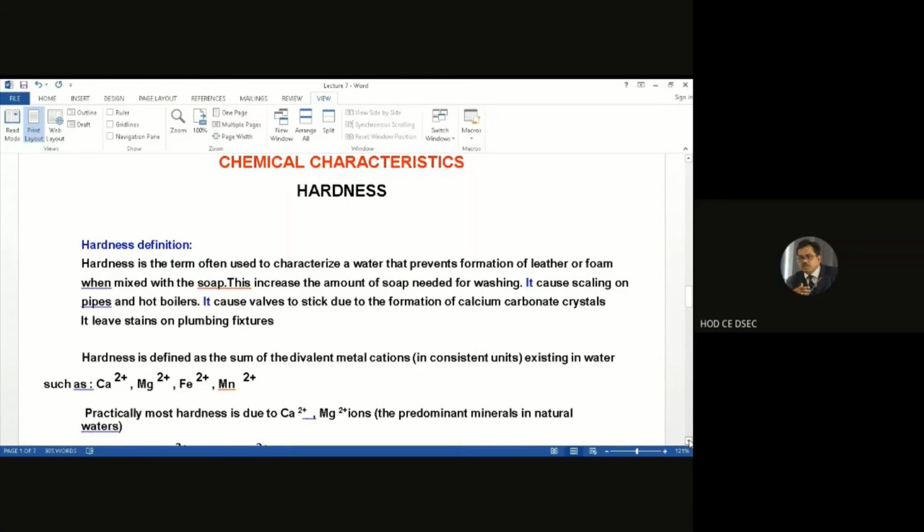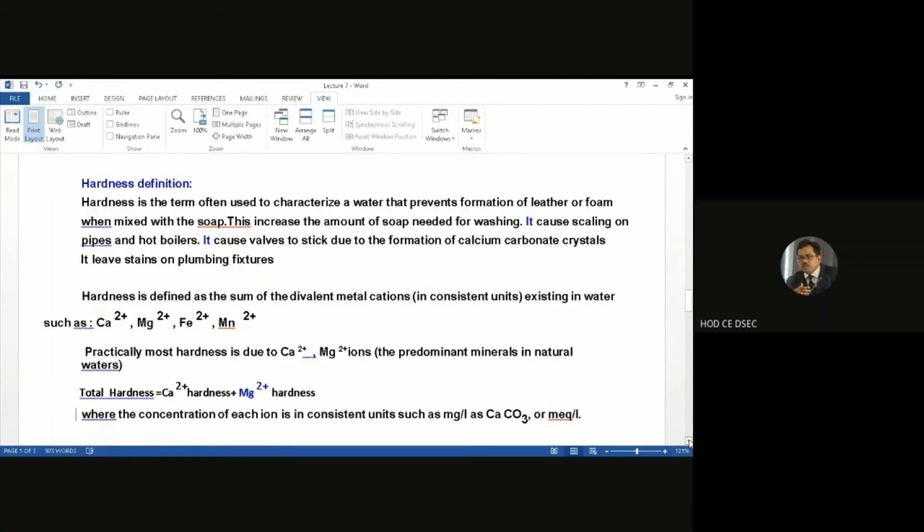Now coming to the chemical characteristics, first I will discuss hardness, because in your exam this is very important. Among the chemical characteristics, this is one of the most important, because most questions, not only short questions, short notes, and MCQs, come from hardness.